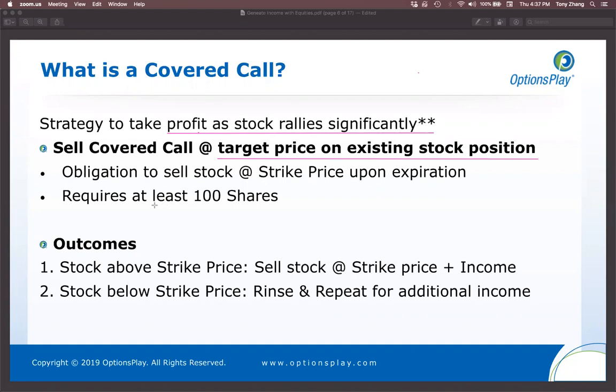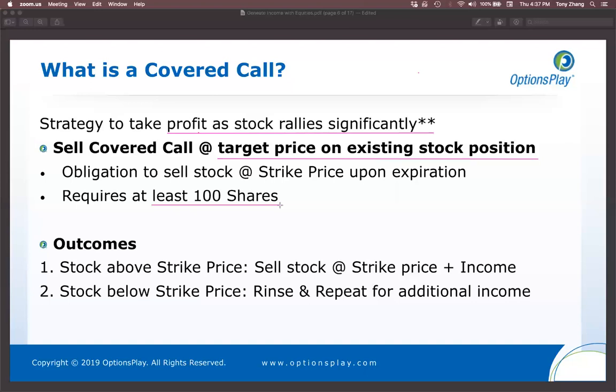Now, when you sell a covered call, just like the cash secured put, it does require you to trade in 100 share blocks. And they only typically execute at expiration. So you could have a stock exceed your strike price before expiration, come back below that price prior to expiration, and actually not have that order being filled.